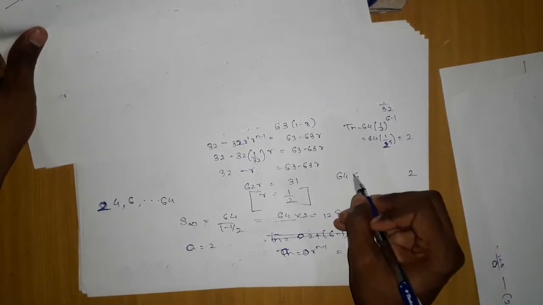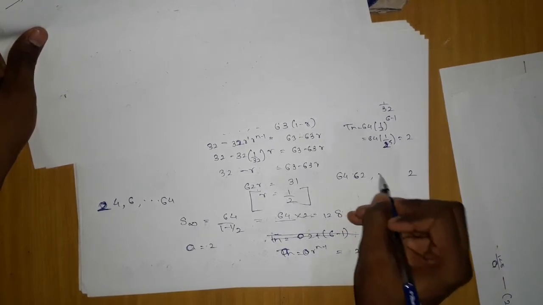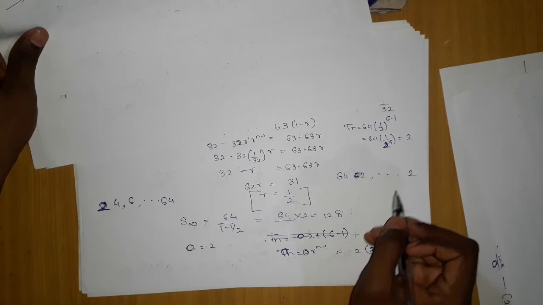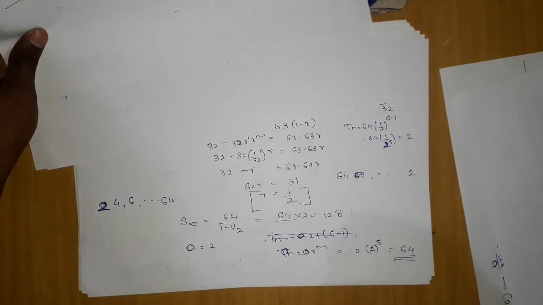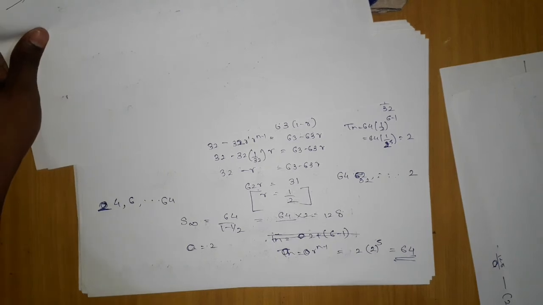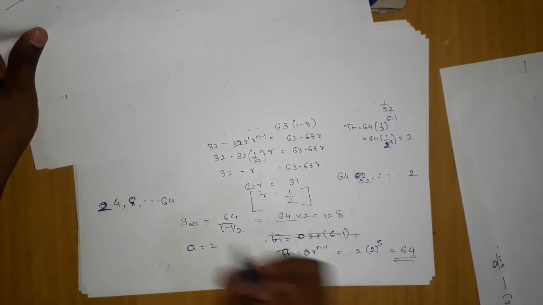Then it will decrease to 32, and so on, decreasing by 1 by 2. So we are getting a general idea of how the terms go.